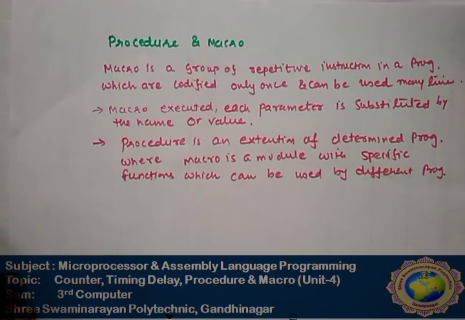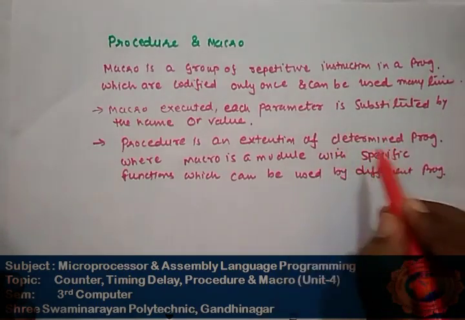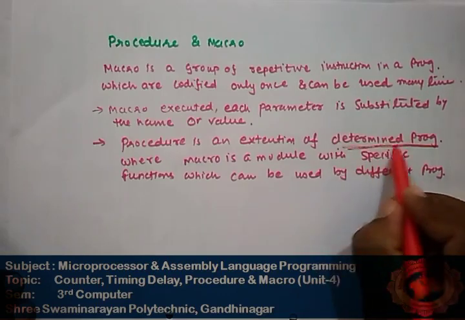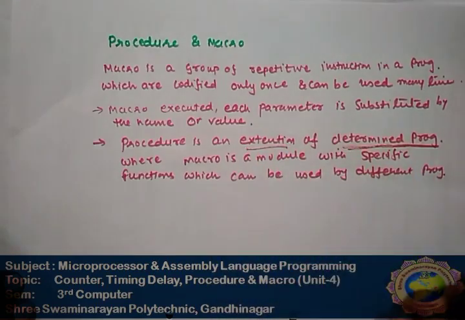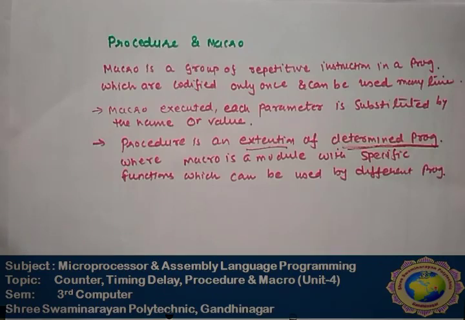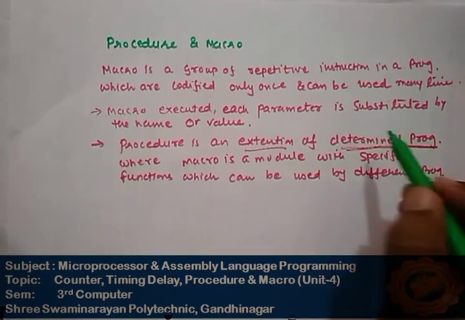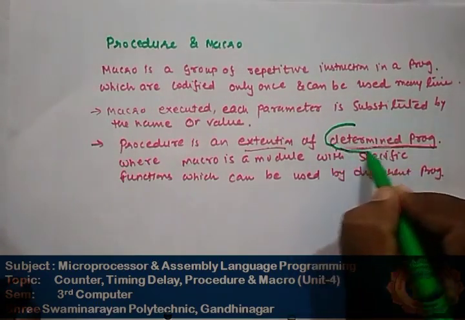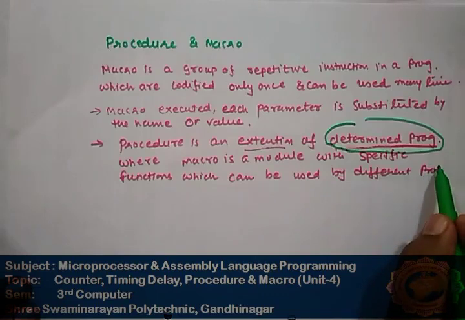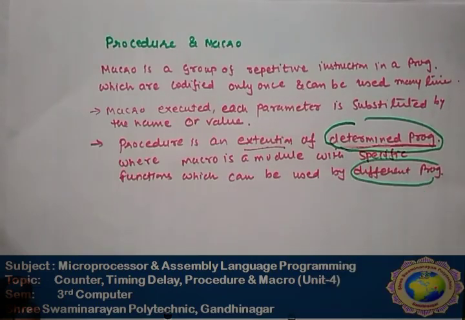Okay, so a procedure is an extension of whatever program you have written, but a macro is a module with a specific function which can be used by different programs. So a procedure works on one program, a macro works on different programs.